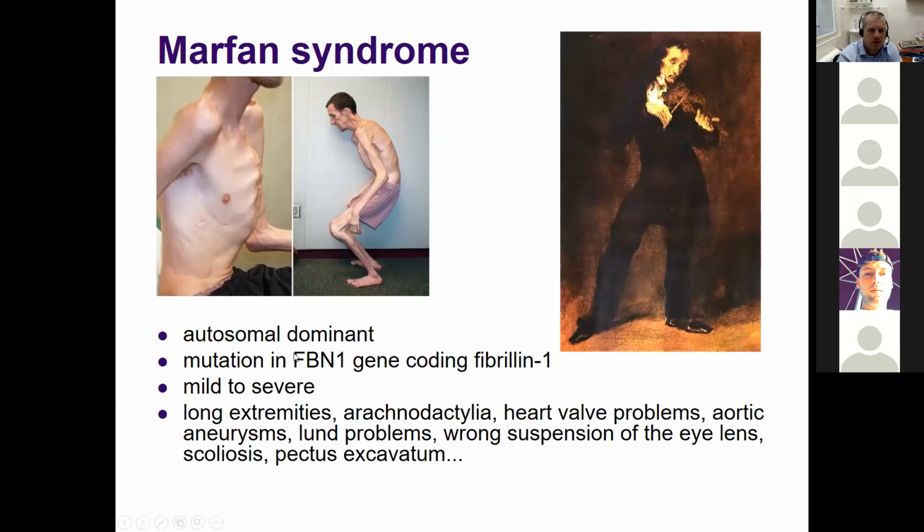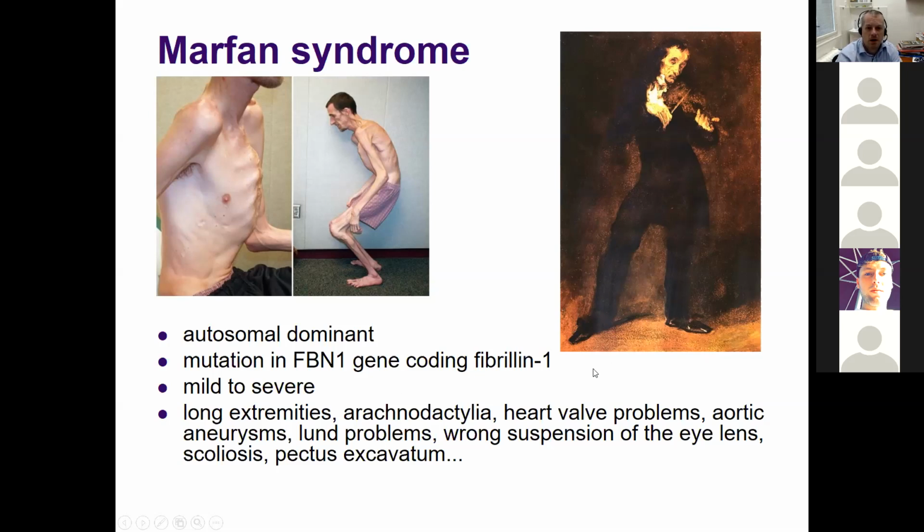Why do we care? Because this mutation affects the metabolism of elastin, and surprisingly, it affects many other structures. You have these long, spider-shaped fingers. It's called arachnodactyly.